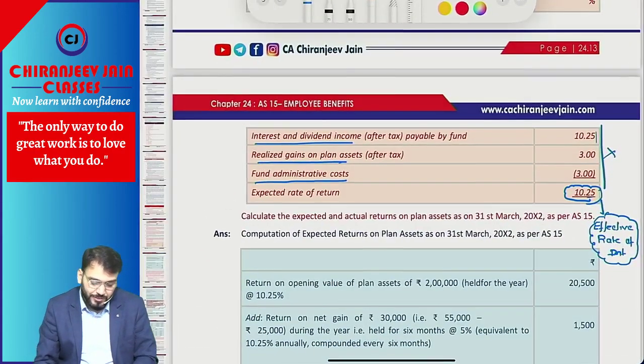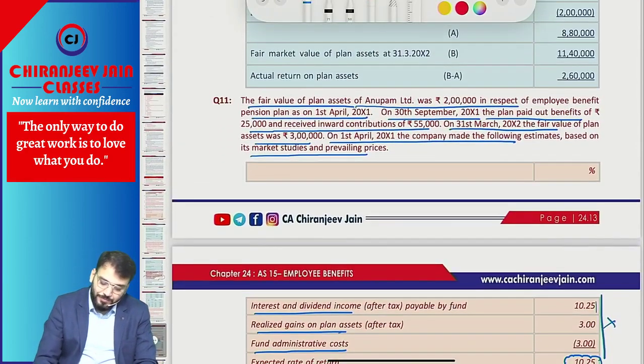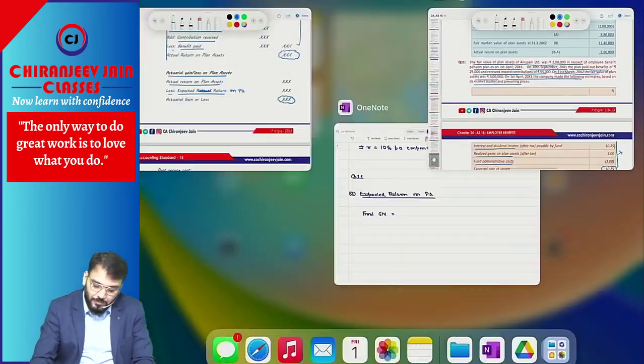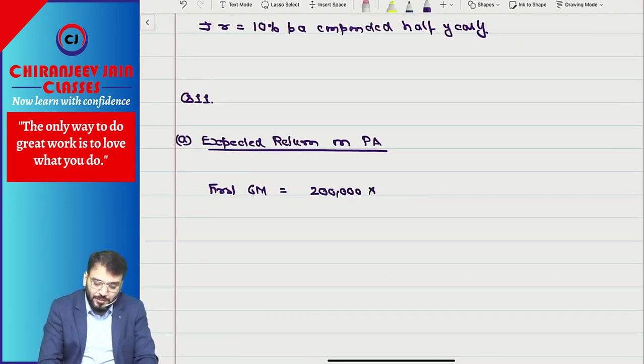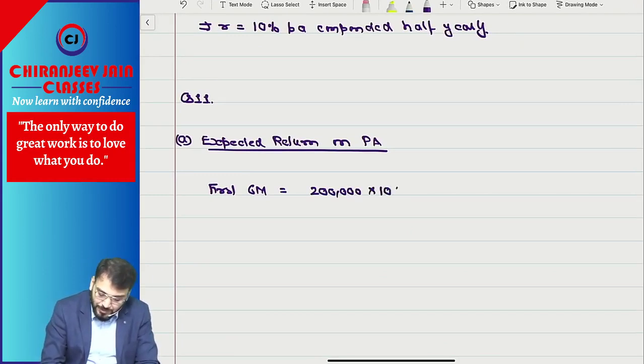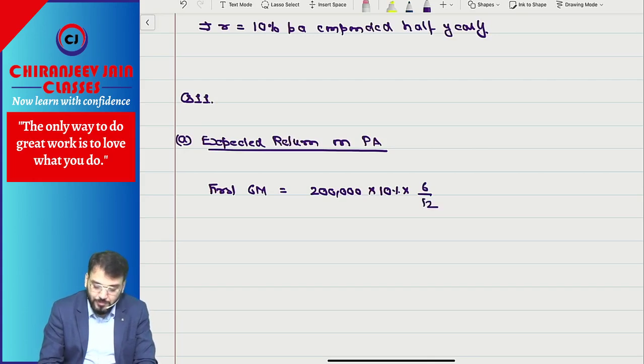Opening balance is 2 lakh, right? So it is 2 lakh into 10.25% or 10%? 10%, means you have understood. Into 6 by 12.